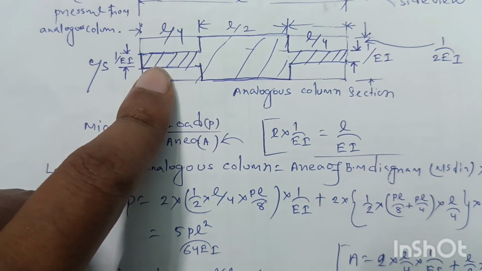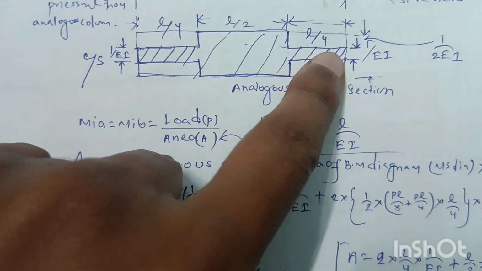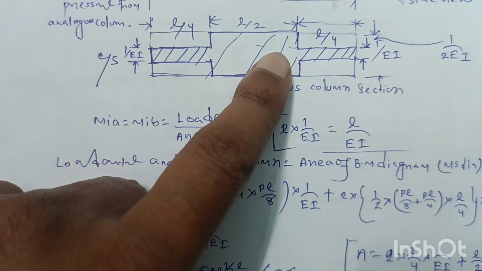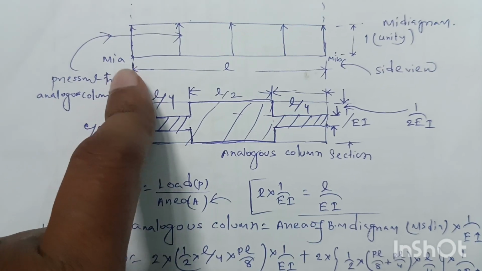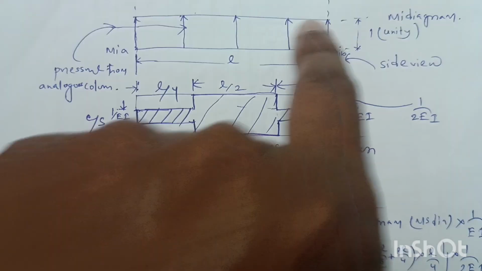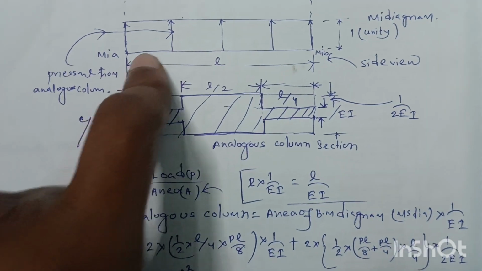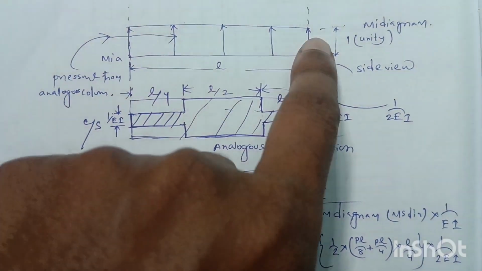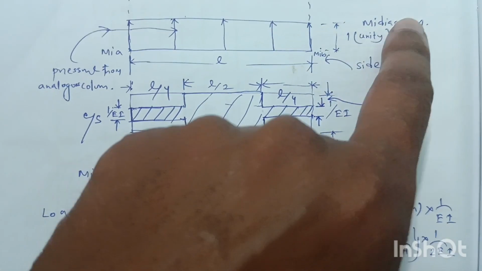So the cross-sectional width will be 1 by EI for this part and this part, and for this part the cross-sectional width will be 1 by 2EI. As we discussed earlier, we are watching this diagram from the side view, and the analogous column gives the upward reaction. This diagram is called the upward pressure diagram, the Mi diagram.